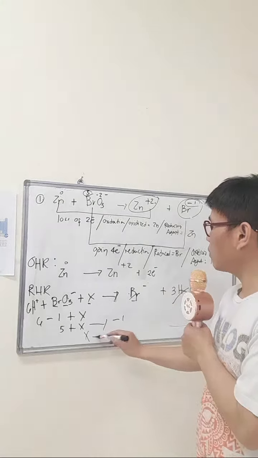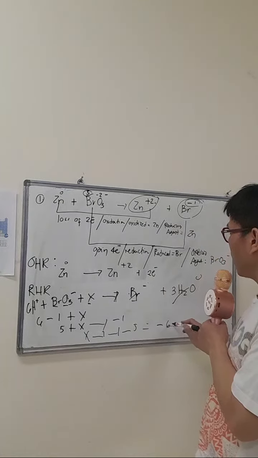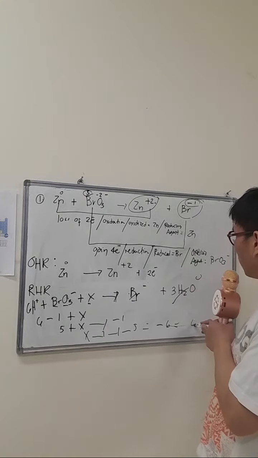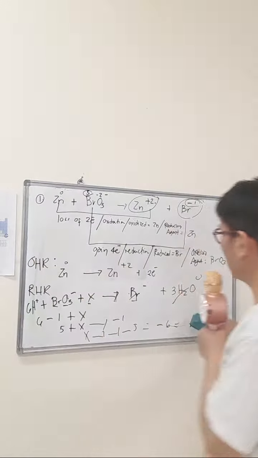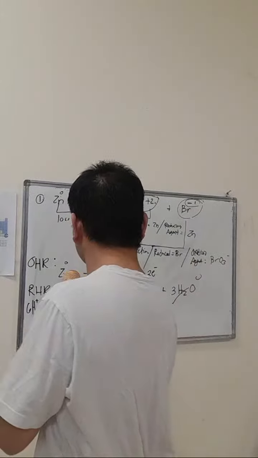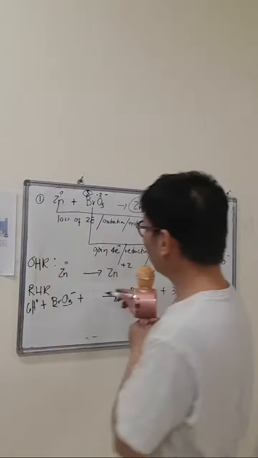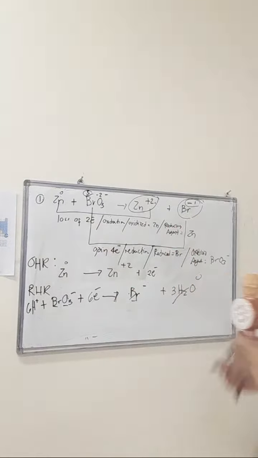So X is equals to negative 1 minus 5, therefore X is equals to negative 6, which becomes 6 electrons. Put that there and remove the X. So it's very clear, 6 electrons.